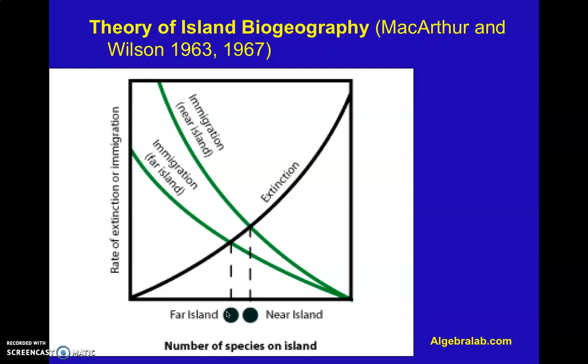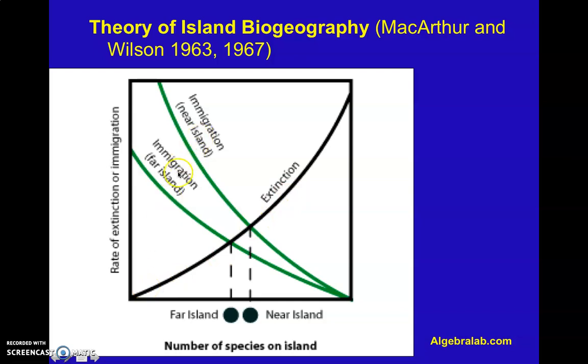It turns out that we also have a pattern when it comes to an island that is close to the mainland or far from the mainland. If the island is far from the mainland, of course, we're going to have a lower immigration rate than we would from an island that is very close to the mainland. The near island is going to have a higher immigration rate than the far island. However, the extinction rate is really only a function of area.